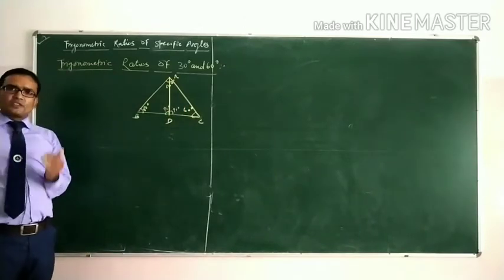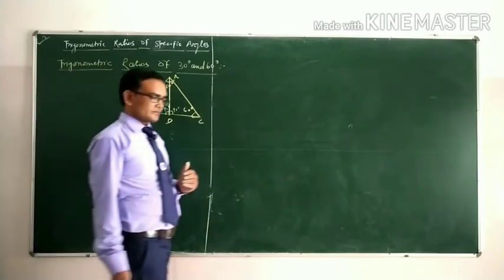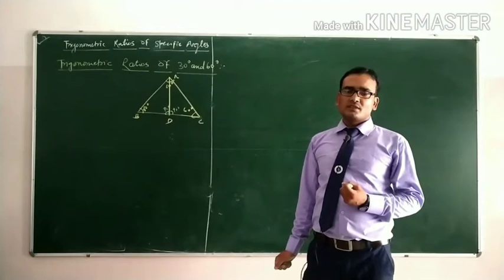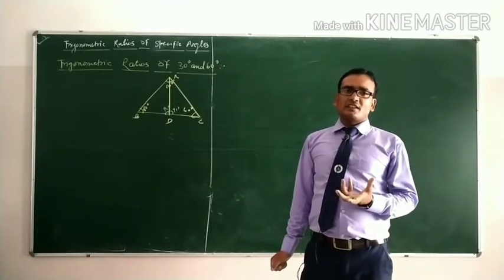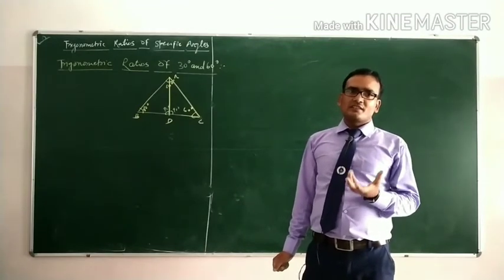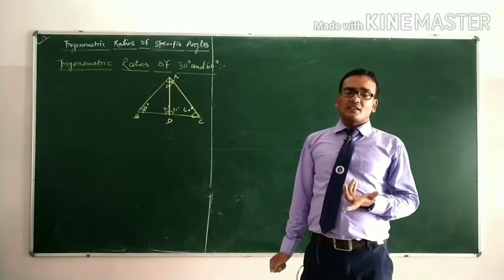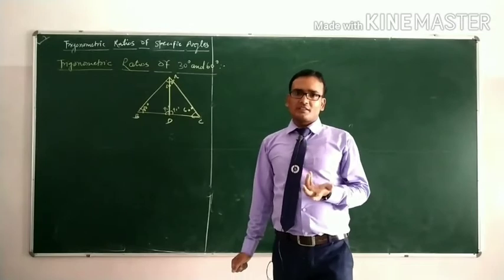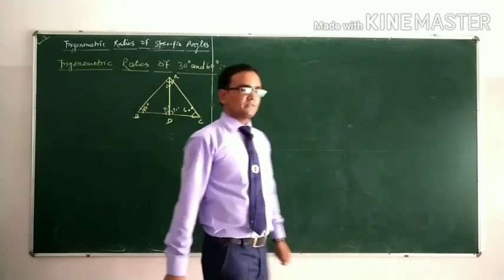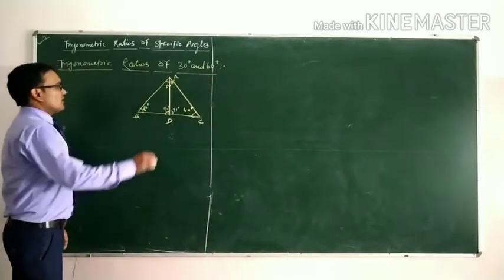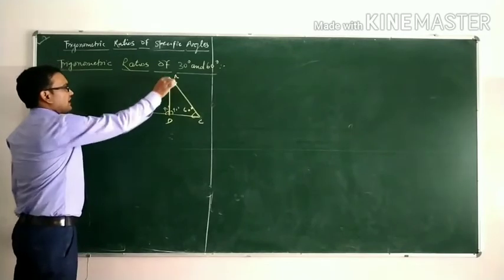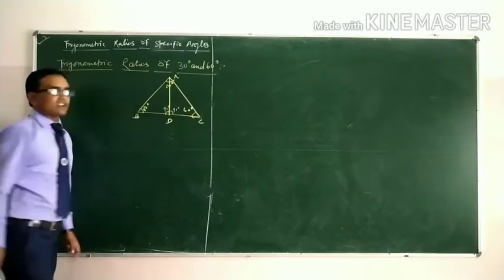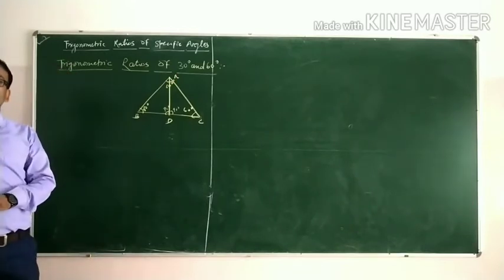Here we use this concept and find the values of sin 30, cos 30, tan 30 and cosec 30, sec 30, cot 30. Okay students, here triangle ABD and triangle ADC are congruent to each other. Why?